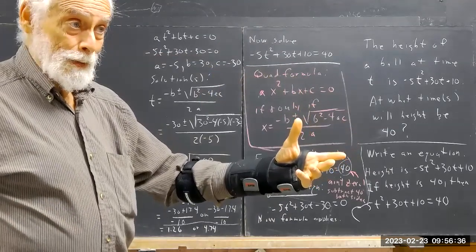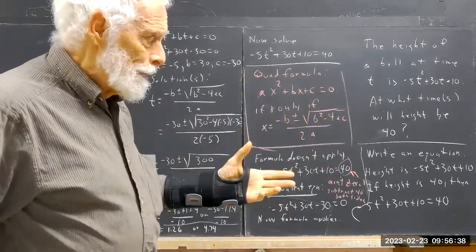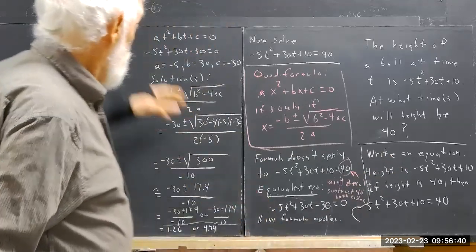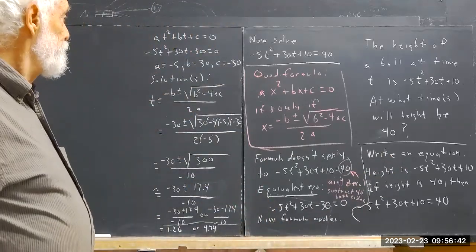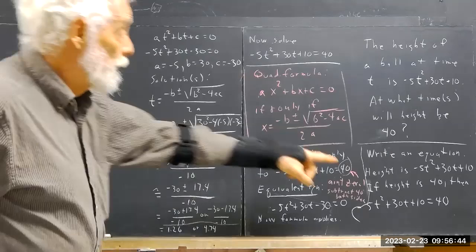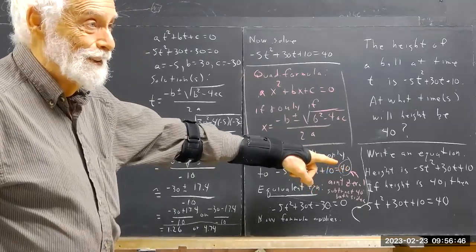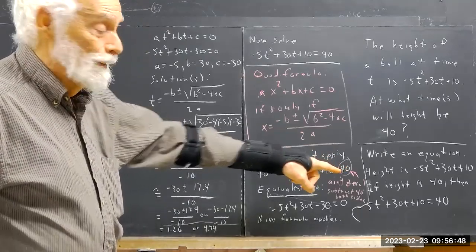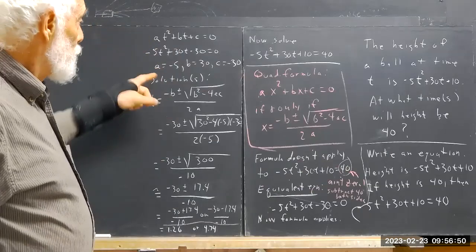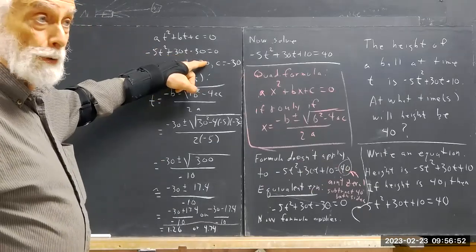So what I saw in the class is nobody wrote an equation. Some people actually got this equation without ever writing it out. At least you're substituting the numbers that you would get from this equation.